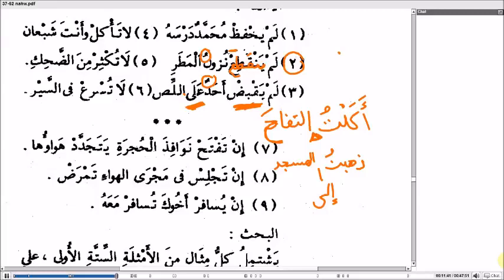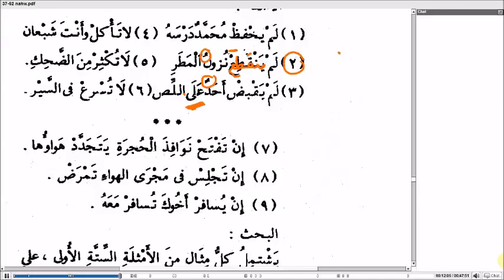Just like you have amantu billah. You can't say amantu Allah. No, amantu billah. So there are certain verbs which require a preposition.